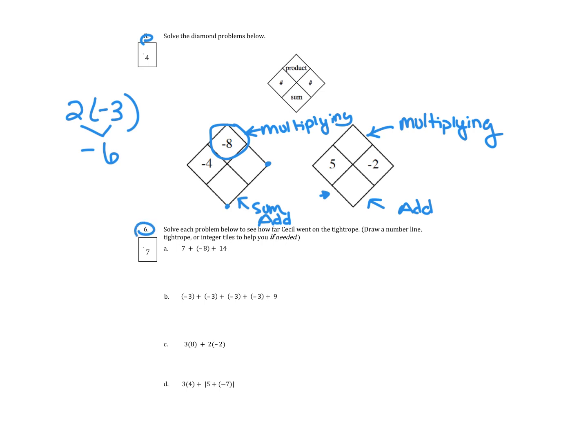We're going to solve each problem below, and we're going to see how far Cecil went. Now if you wanted to draw a number line or a tightrope or an integer tile to help you, you can do that, but you do not need to do that. You do not need to draw any of these things. What I'm looking for is for you to solve. I'm going to give you an example. Let's just say that I have 2 plus a -4 plus 10.